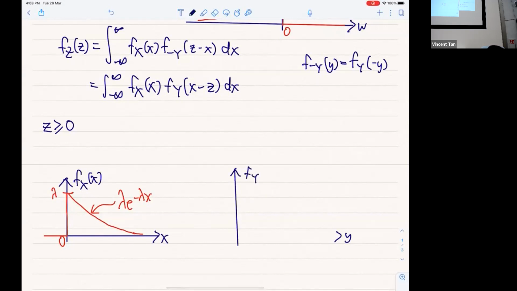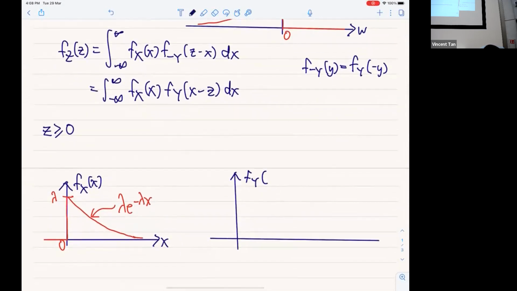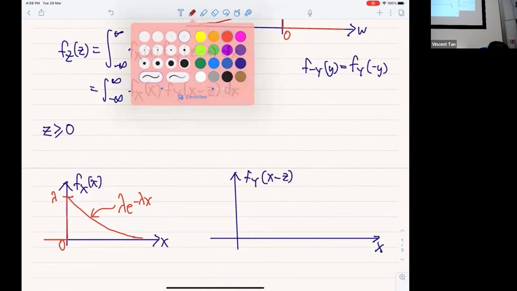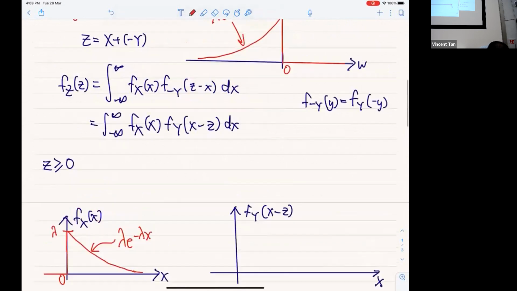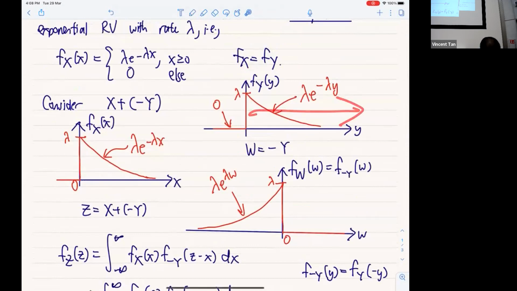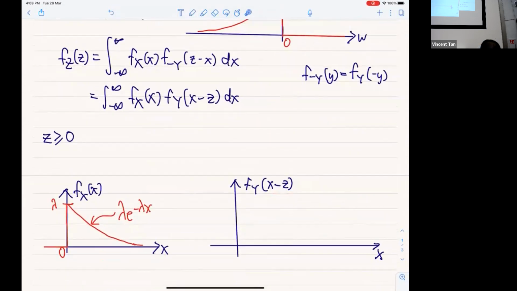Okay, f_Y of what? This is the x-axis of x minus z. How is this drawn? Notice that z is positive, so this whole graph gets shifted to the right by z units because of minus z. Why is that so? When z takes on the value of 0, we are here. When z takes on the value of 1, we have f_Y(x minus 1). This is a translation of the graph to the right-hand side, which is a little bit counterintuitive.